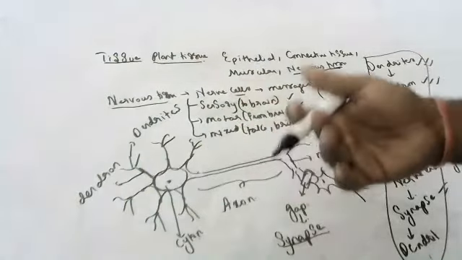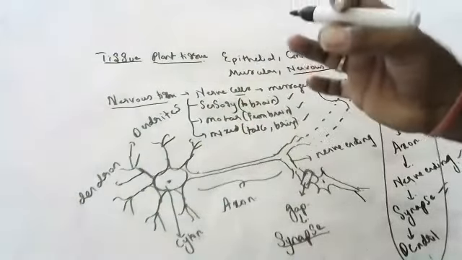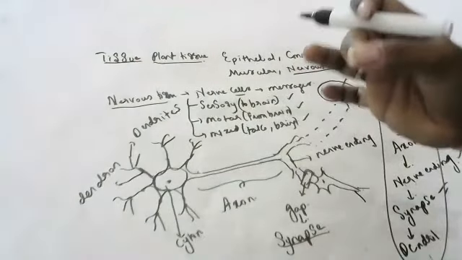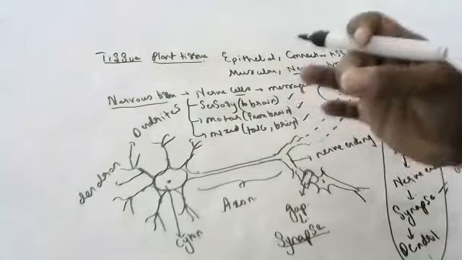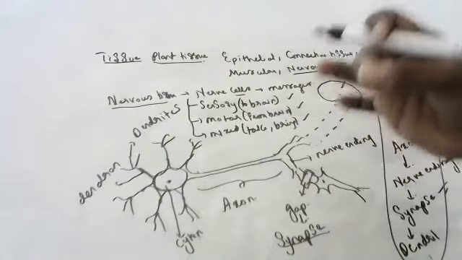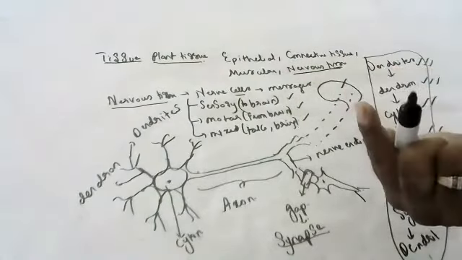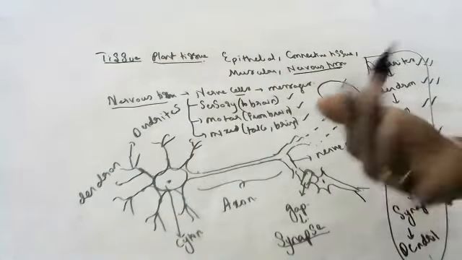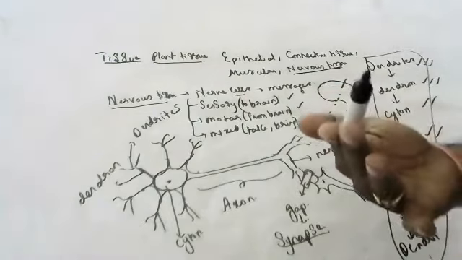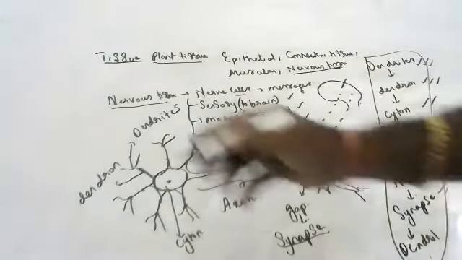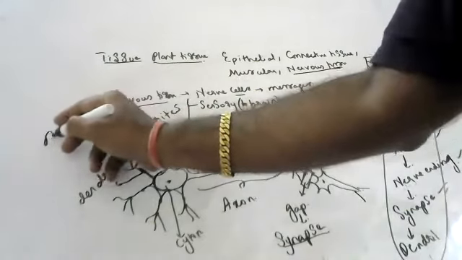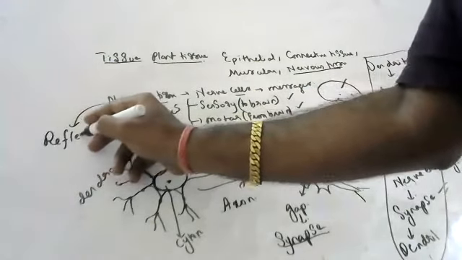A sudden involuntary response to a stimulus is called what? Anyone? At least one student in the class. Reaction. That is called reflex action.